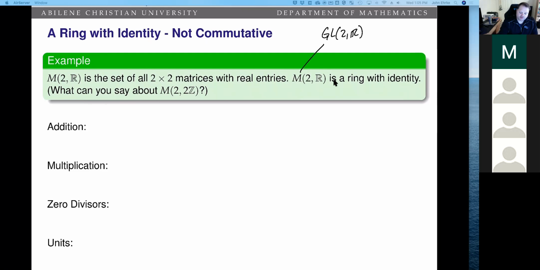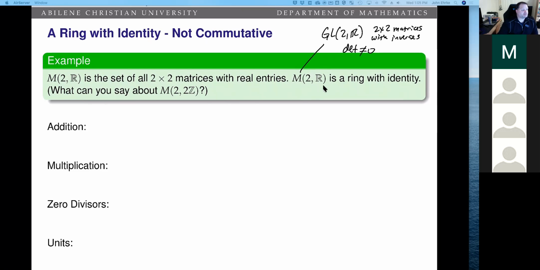GL2R is the set of all 2x2 matrices with inverses. So it's the set of all matrices that are invertible, meaning that the determinants of these matrices are non-zero. In M2R, you can have matrices that don't have an inverse.